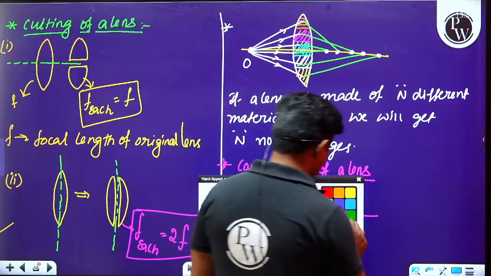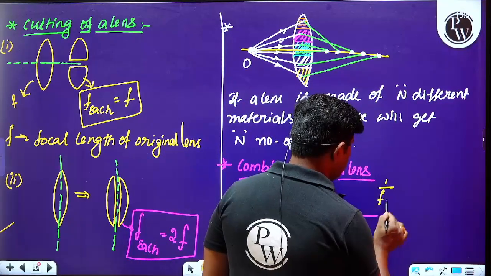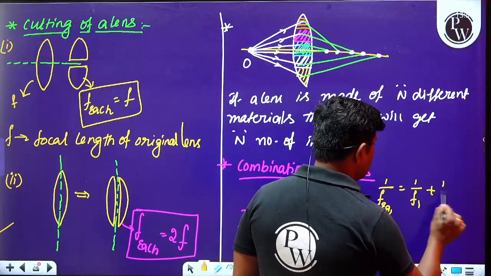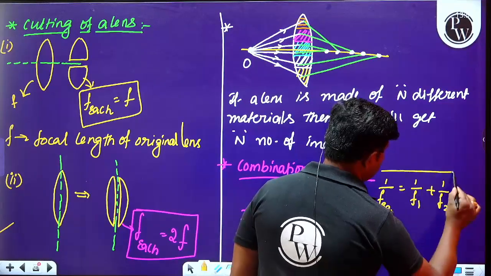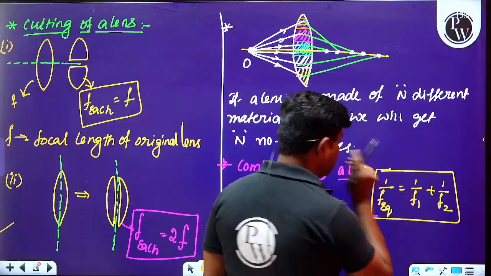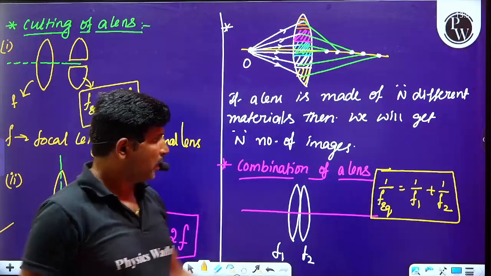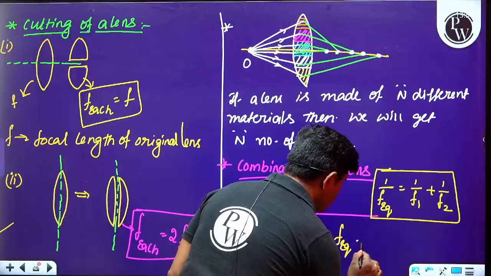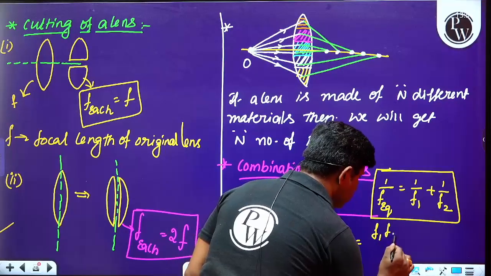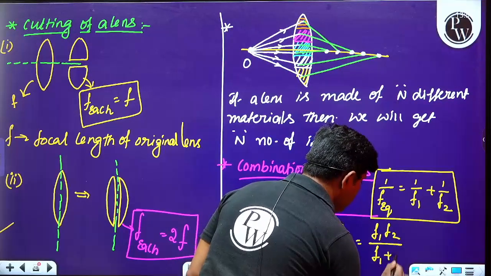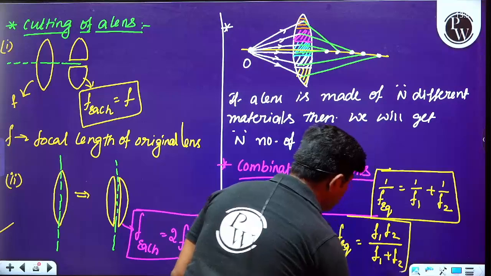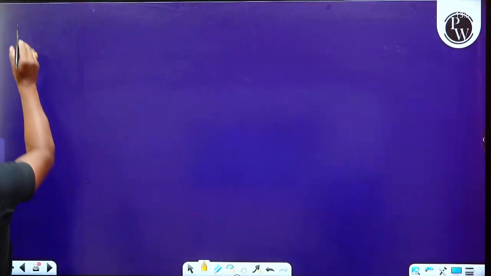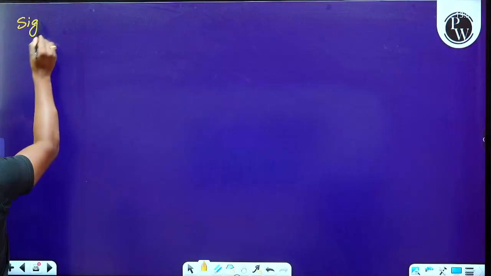Then we can write 1 by f equivalent is equal to 1 by f1 plus 1 by f2. That is the effective focal length. If you simplify this, f equivalent is equal to f1 f2 divided by f1 plus f2. And please remember the sign convention here. What is the sign convention?